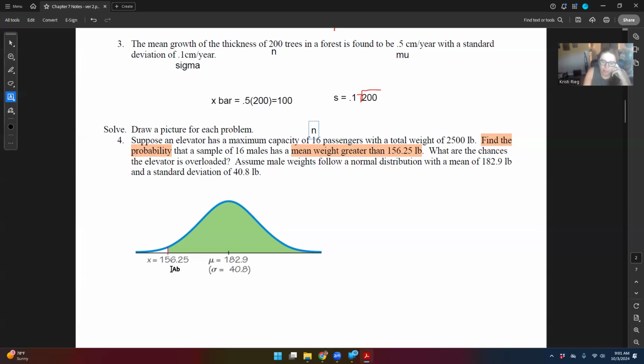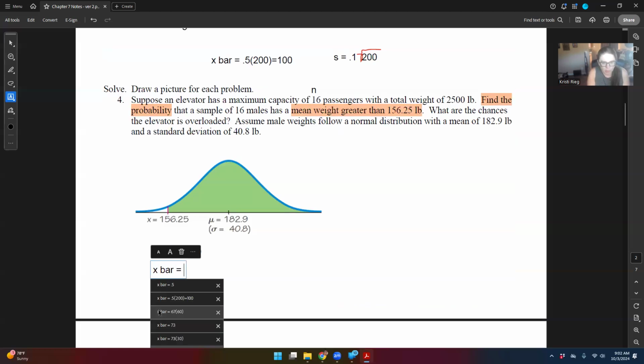Okay, so we're trying to find the probability that x is greater than 156.25. I know that x bar, because this is the central limit theorem for means, is going to equal mu, so that's 182.9, we have mu written right here.